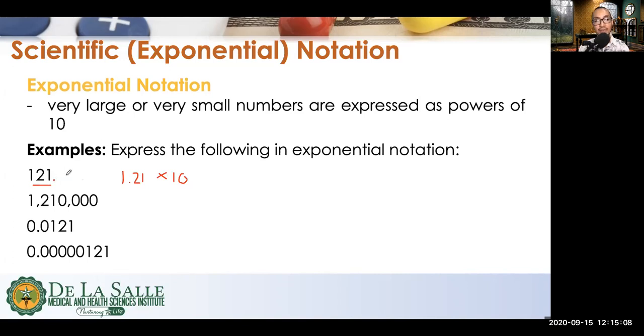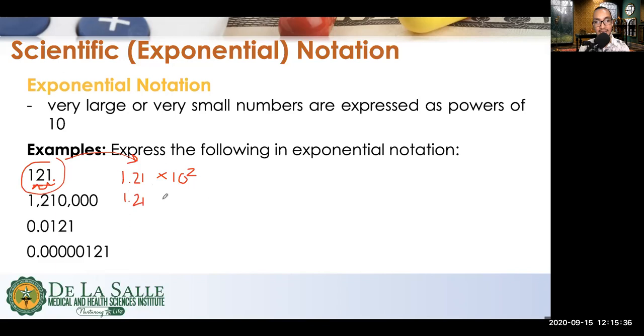So if the number became this, we will move the decimal place from right to left, 1 and 2. So, 1.21 times 10 squared, or basically, 1.21 times 100. So, that's how we express the exponential notation. And then this one is still 1.21.